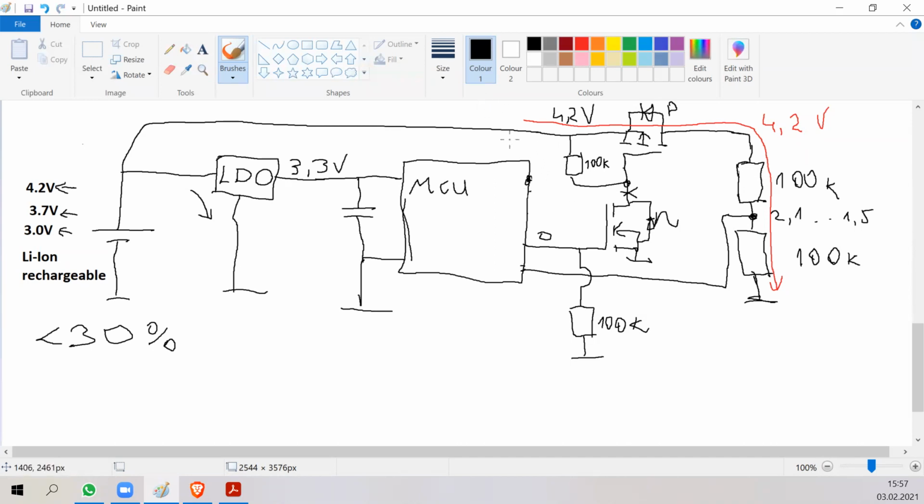And then they have all of these leakage currents from higher voltage through some big resistor divider into the microcontroller, through the safety diodes, and into the power supply.